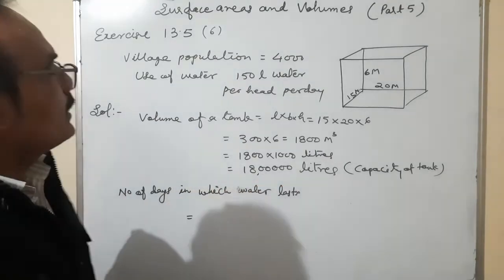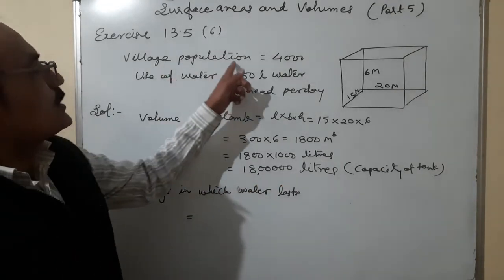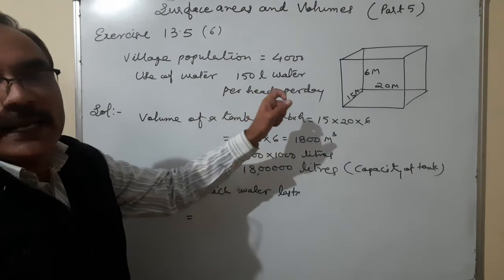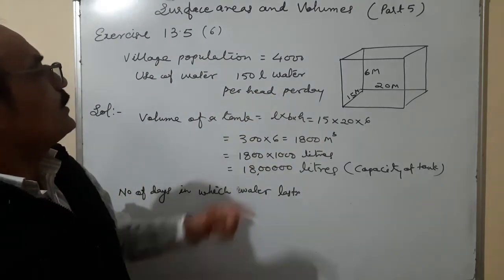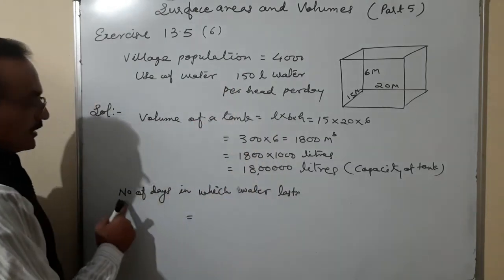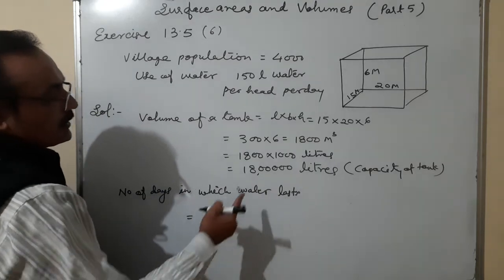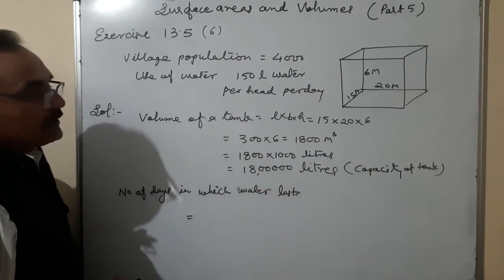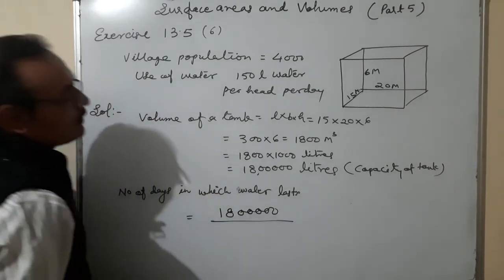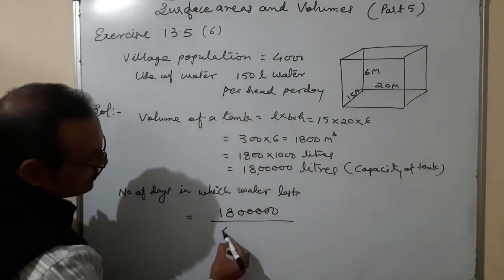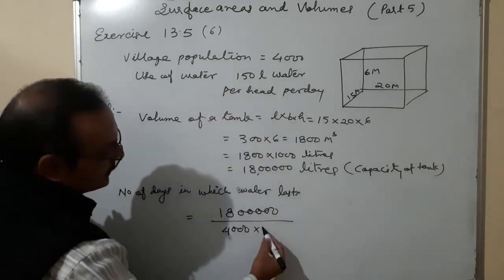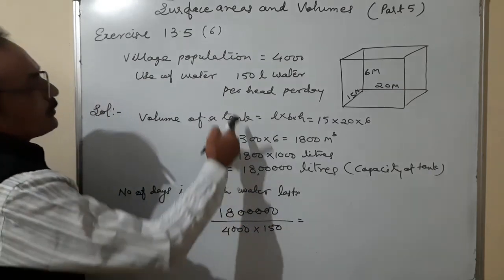This is the capacity, and the village population is 4,000. Use of water 150 liters of water per head per day. Okay. The number of days in which the water lasts is equal to total capacity of tank, that means 18 lakh, upon village population 4,000 multiplied by the use of water per head per day, 150 liters.